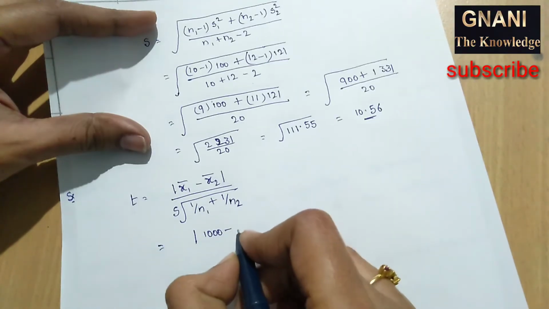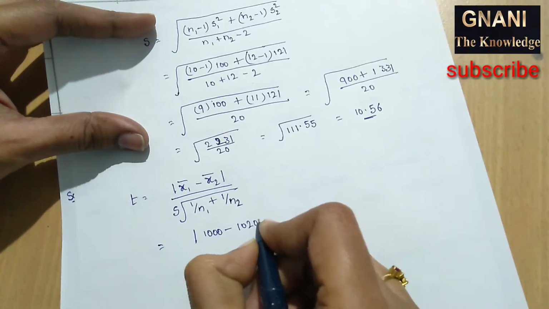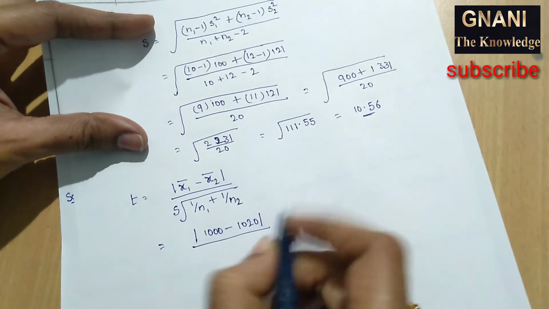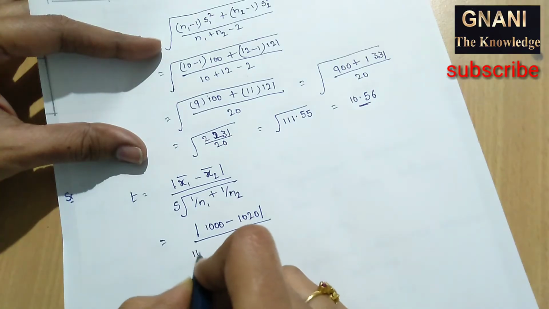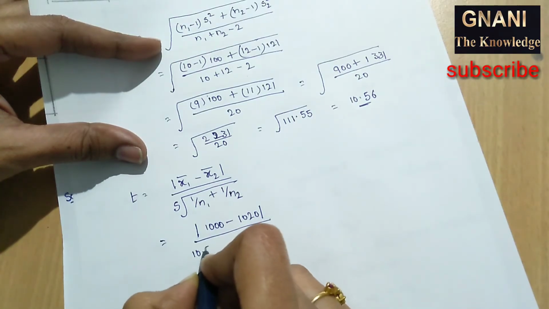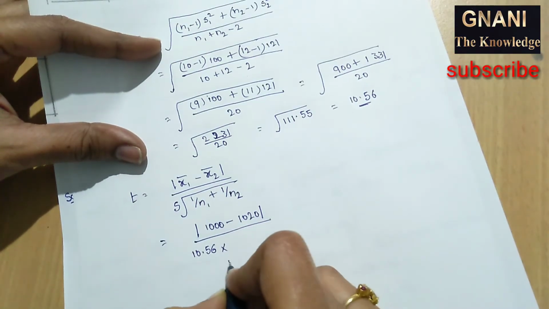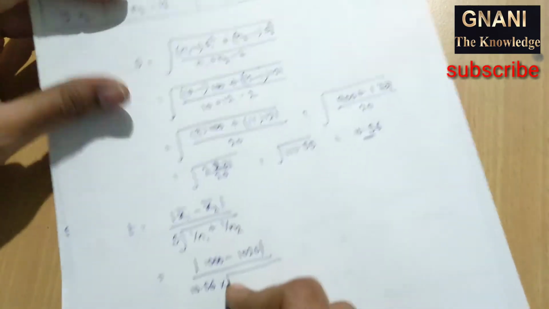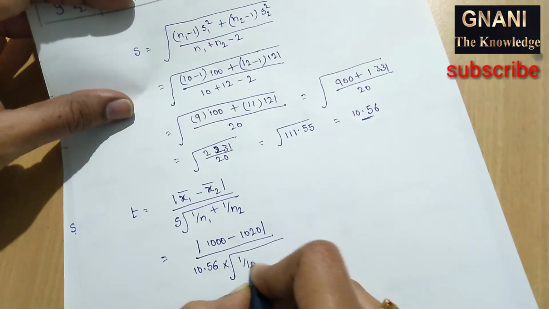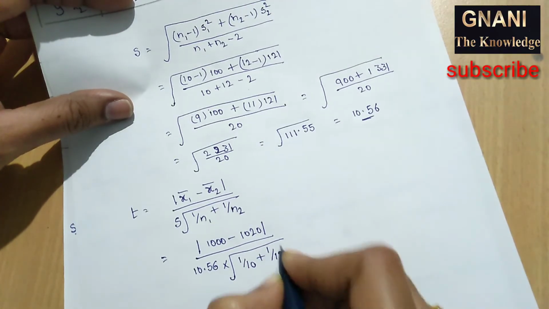The s value is 10.56, into square root of 1 by n1, where n1 is 10, plus 1 by n2, where n2 is 12.